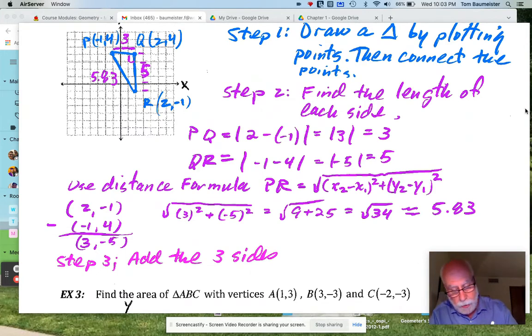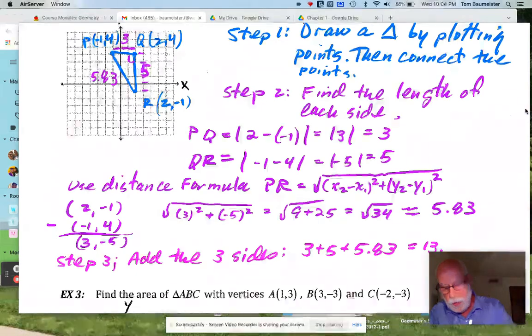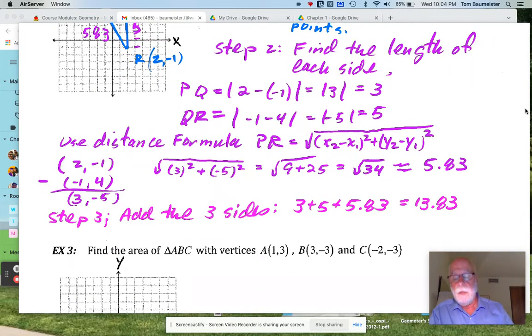And when I do that, I'll get 3 plus 5 plus 5.83. And that will give us 13.83. Now, if they don't give you units, ladies and gentlemen, just go ahead and put units, a U, okay?